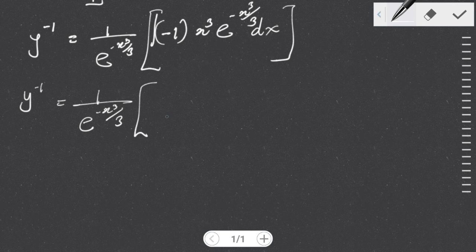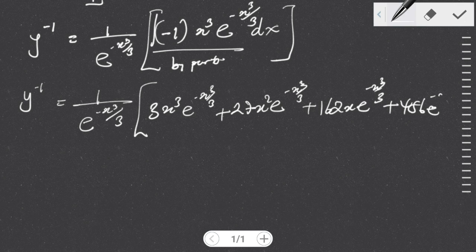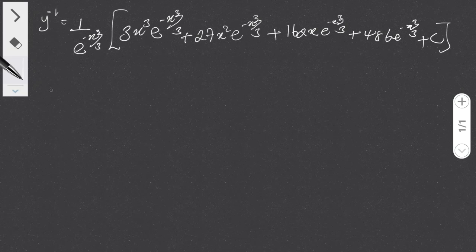Then if we integrate what is in the bracket, and this is integration by parts, what we get here would be 3x cubed e to power -x cubed out of 3, plus 27x squared e to the power negative x cubed out of 3 plus 162x e to the power negative x cubed out of 3 plus 486 e to the power negative x cubed out of 3 plus an arbitrary constant, and therefore this would be equals to y to power -1, which would be equals to this.